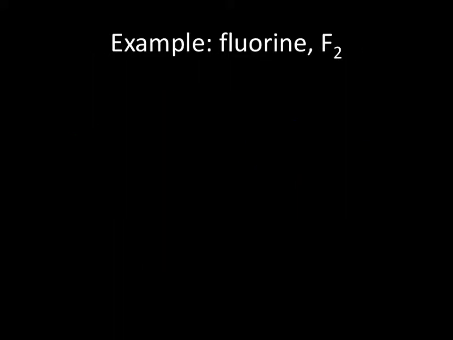So not every covalent bond, of course, forms a new compound. We did talk about the Brinkerhoff elements, so elements like fluorine. These guys exist as what are called diatomic molecules, and so we can actually see why fluorine exists as F2 by drawing a very simple Lewis diagram here. So fluorine is in group 17. So I'm going to start with 1 atom and see what I have here.